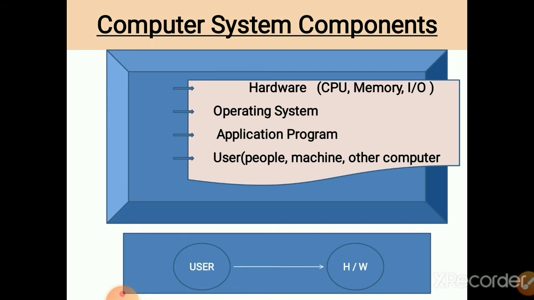Next is the operating system. As we know, the operating system is software which is used to run the hardware. Next is the application program. Application programs are computer programs which are used for performing some specific task using a computer. Next is the user.